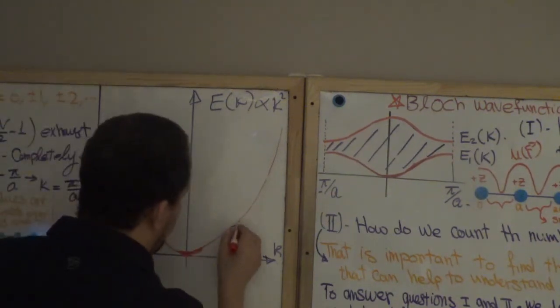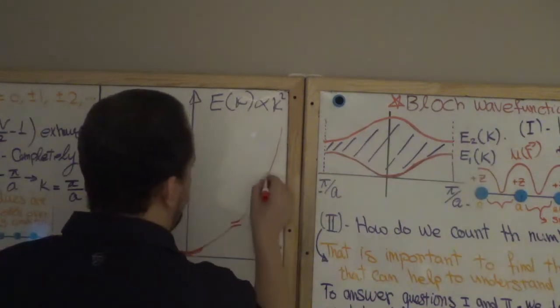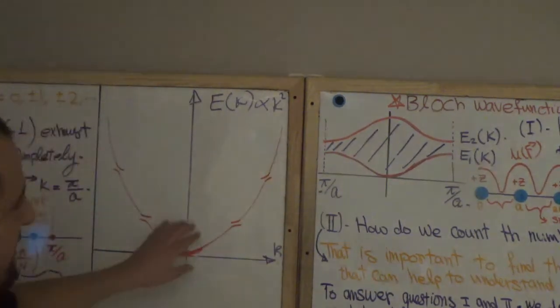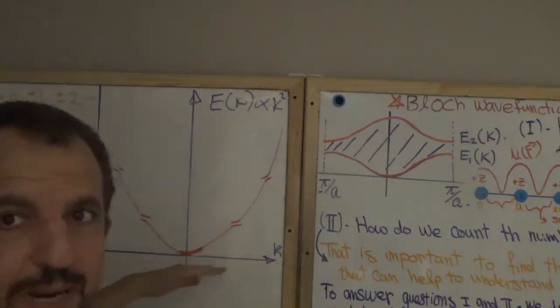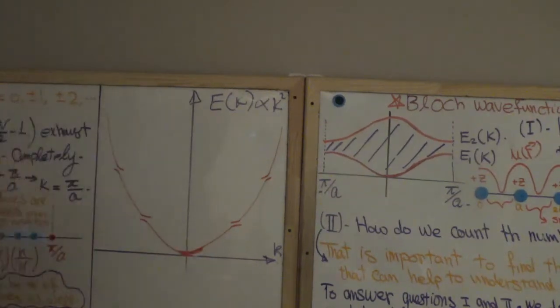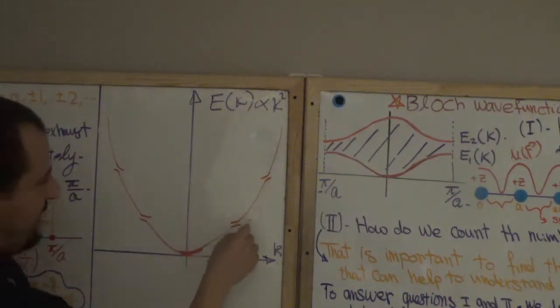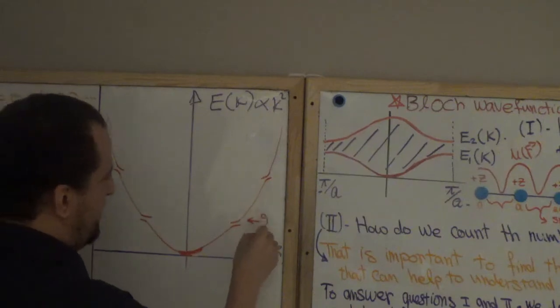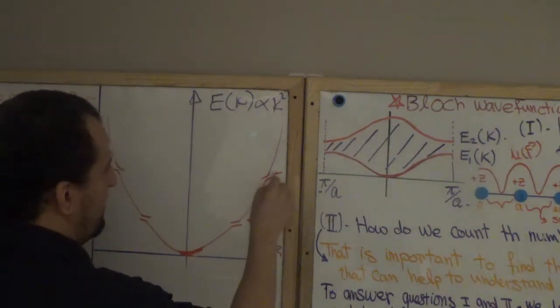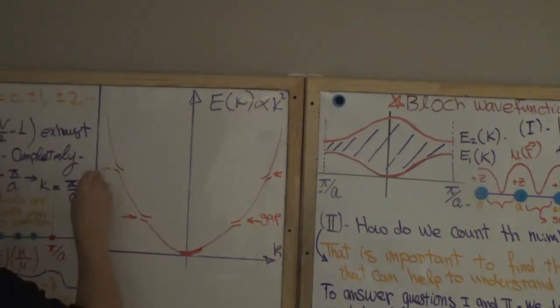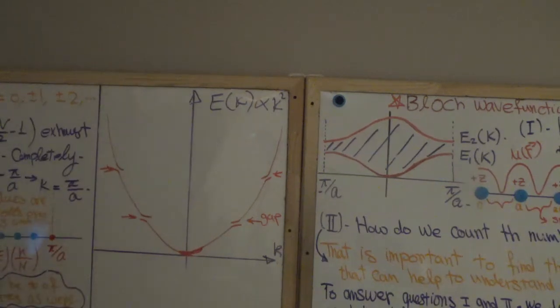Okay? So we have something like this, and you can see, guys, that there are discrete energy levels now. There is a kind of gap here, so this is a gap, and also here we have a gap, and here we have a gap, and here we have a gap.